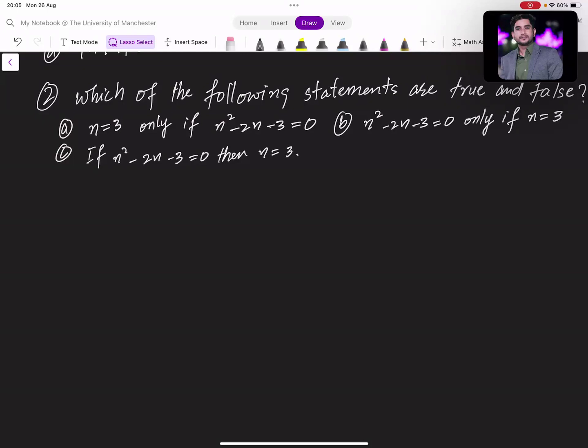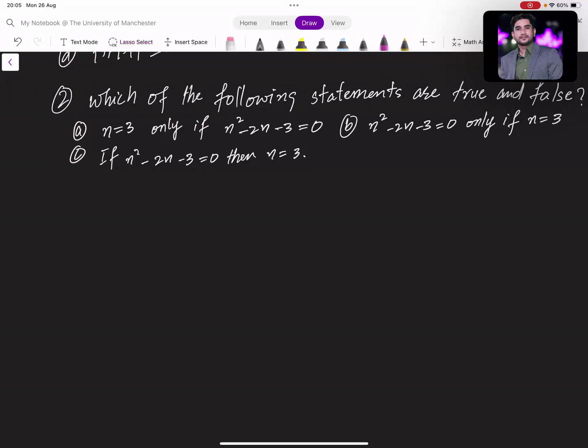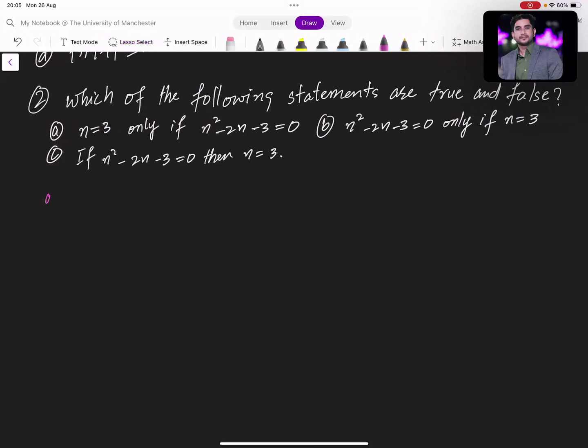To show whether this is true or false, if you solve this equation, what will we get?